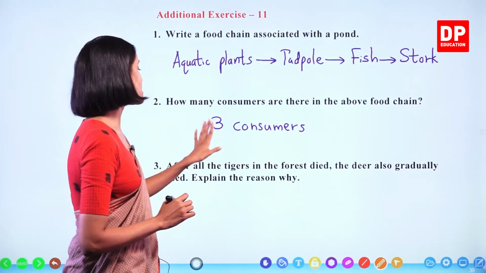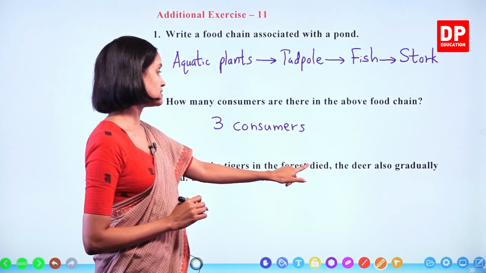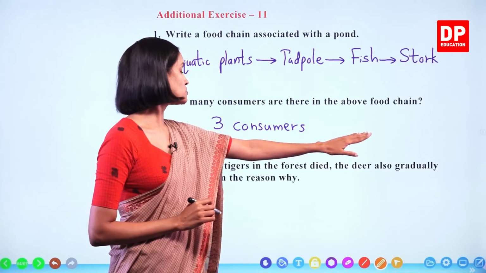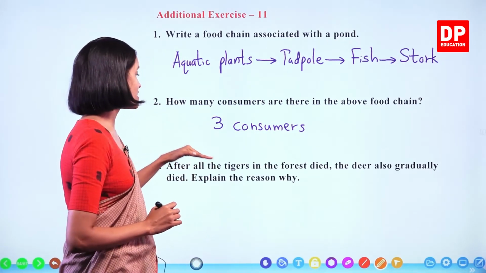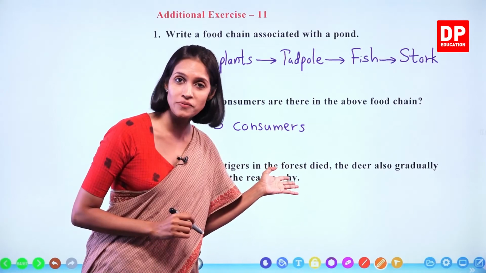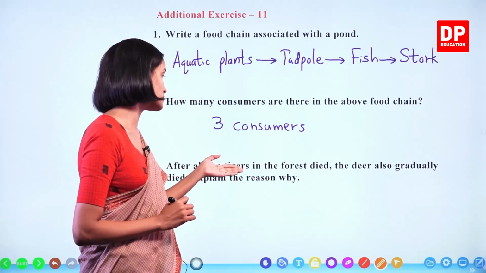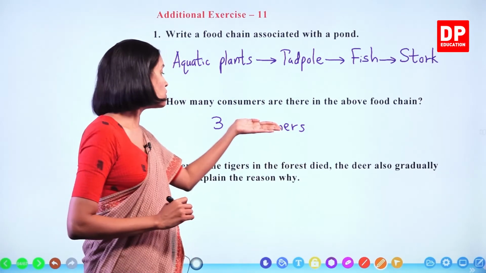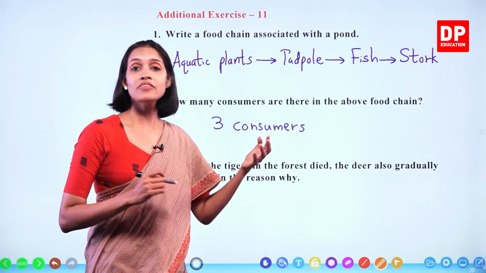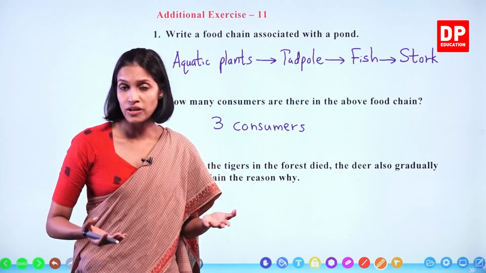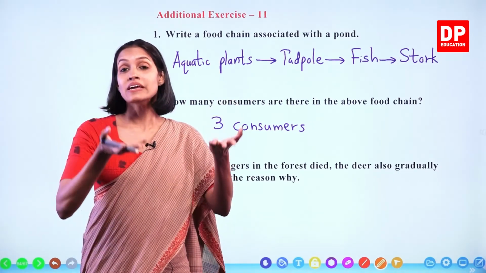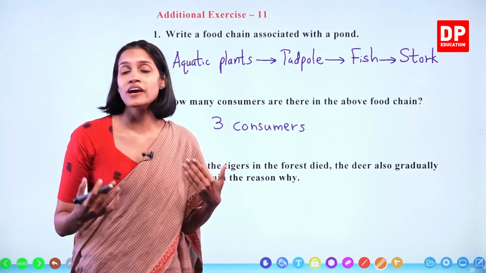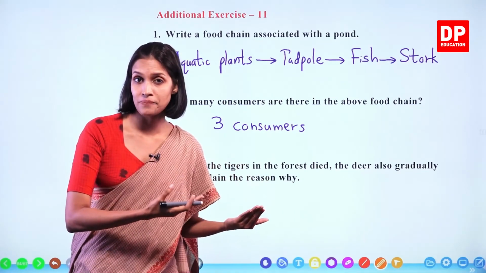After all the tigers in the forest died, the deer also gradually died. Explain the reason why. Now we all know that tigers depend on deer. If all the tigers die, the number of deer, what will happen? The number of deer will increase because they don't have any predators to kill them, right?